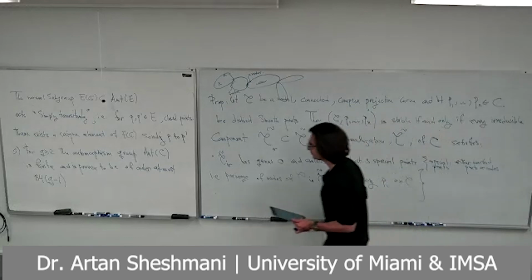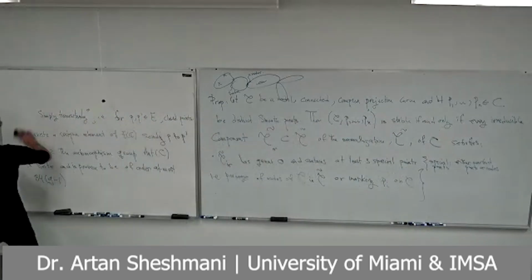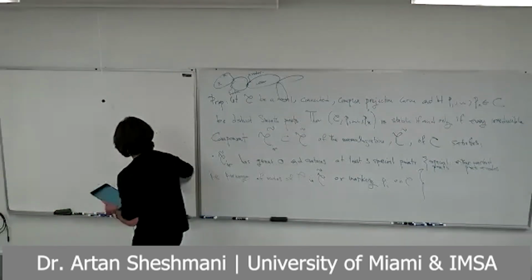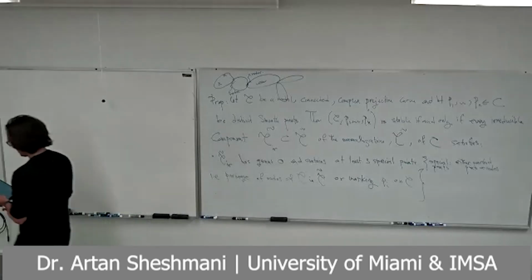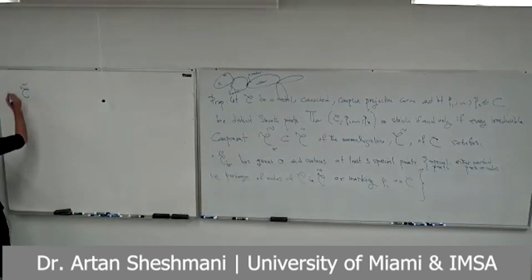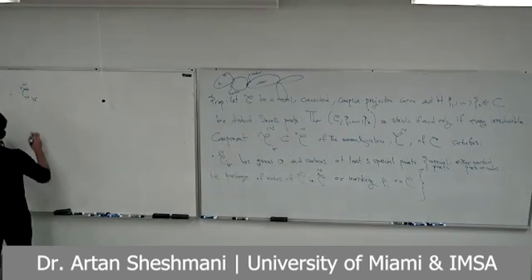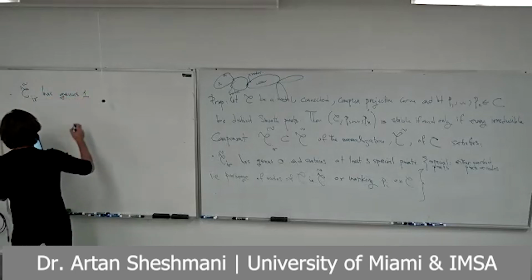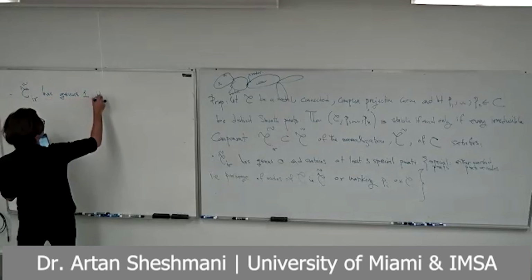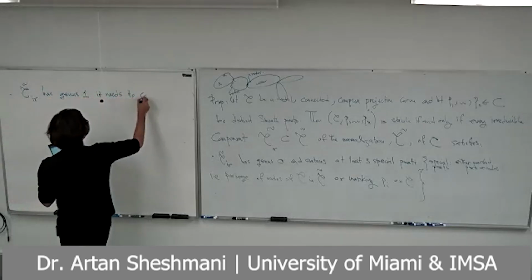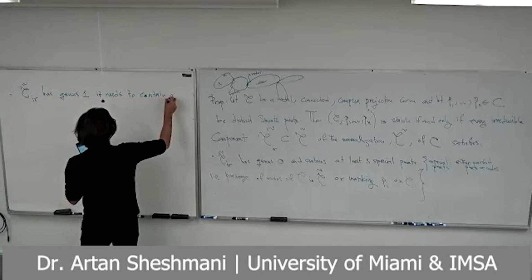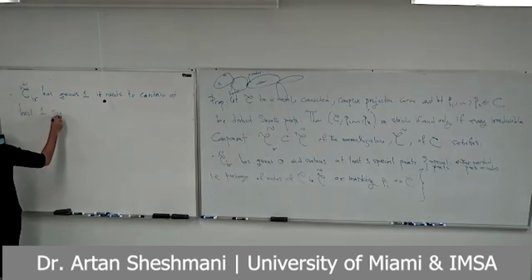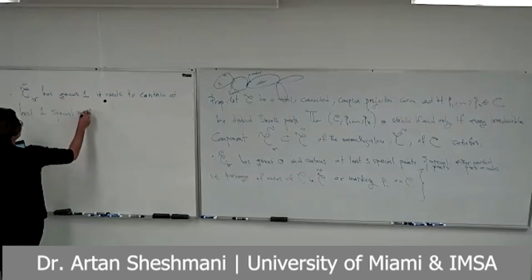That's the statement. Okay, and then if C irreducible has genus 1, it needs to contain at least 1 special point. Interesting.